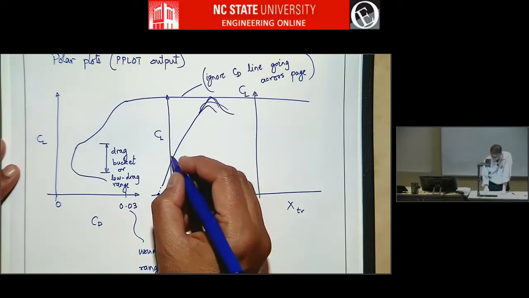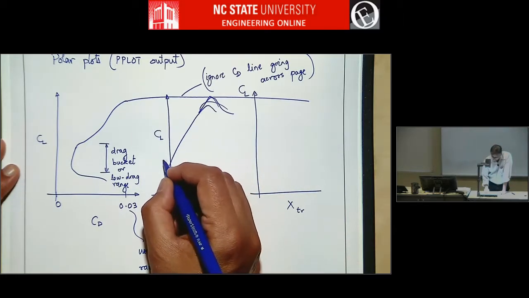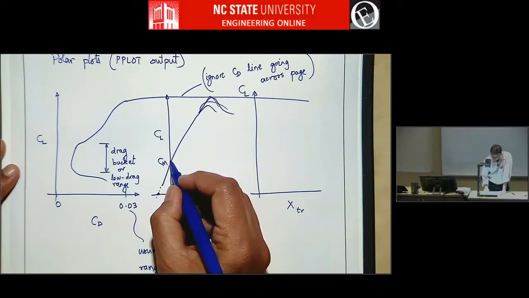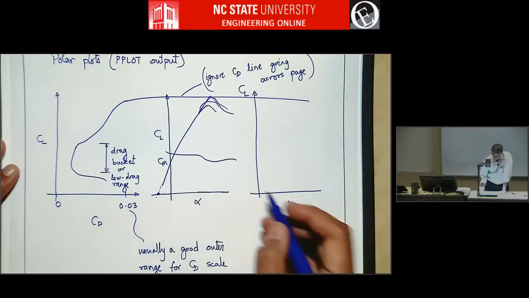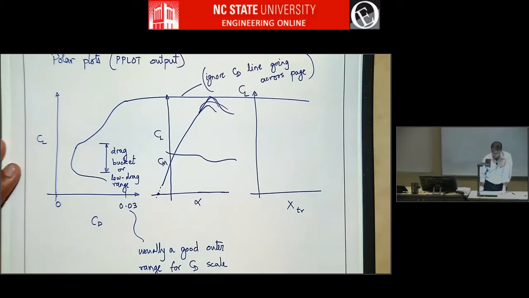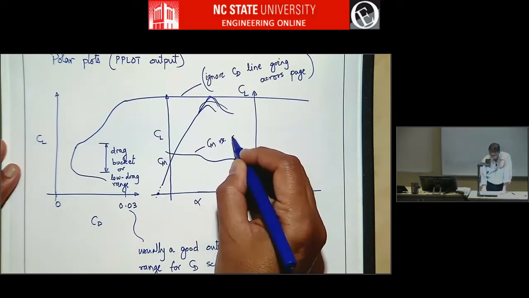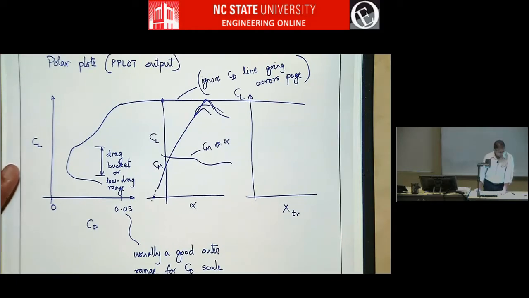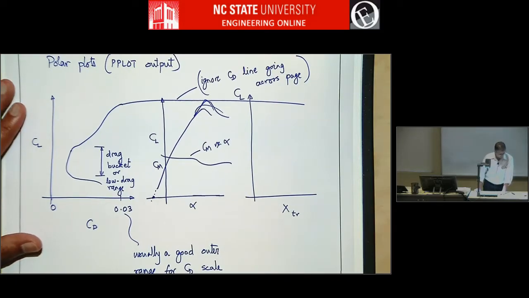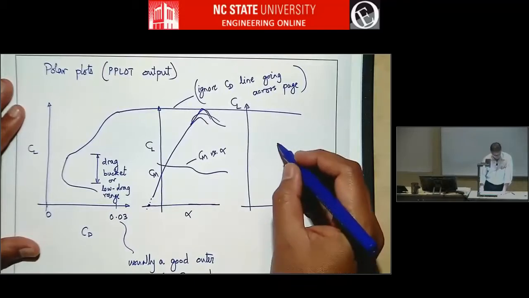And then you also have pitching moment. So there is another scale for pitching moment, and that will look like this. This is the pitching moment. And then you have X transition plots that will look like this.